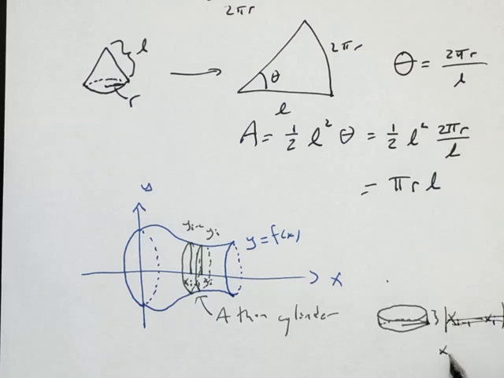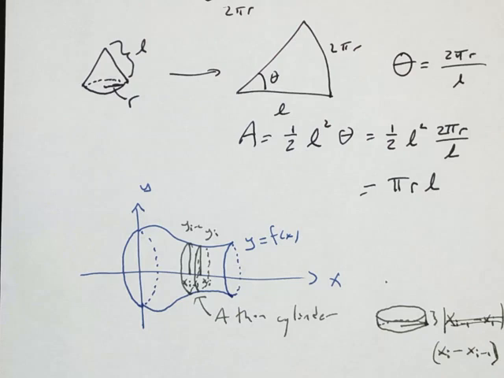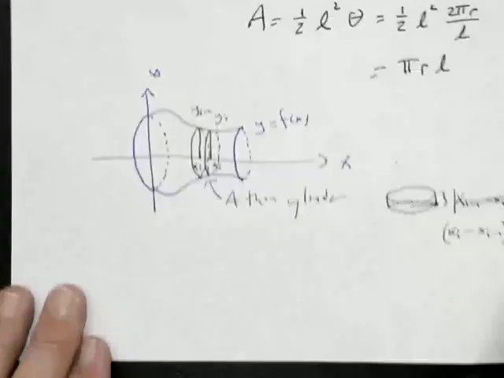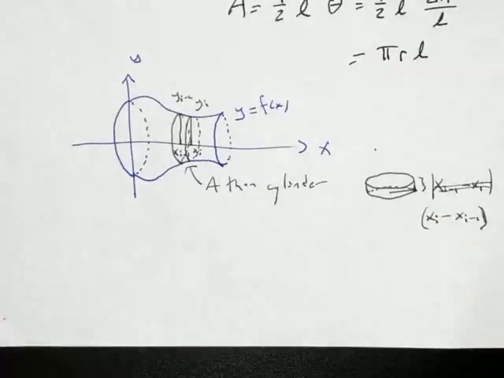Well, wait a minute, I know xi is bigger than xi minus 1. That's my height. What's the radius of that cylinder? I don't know.